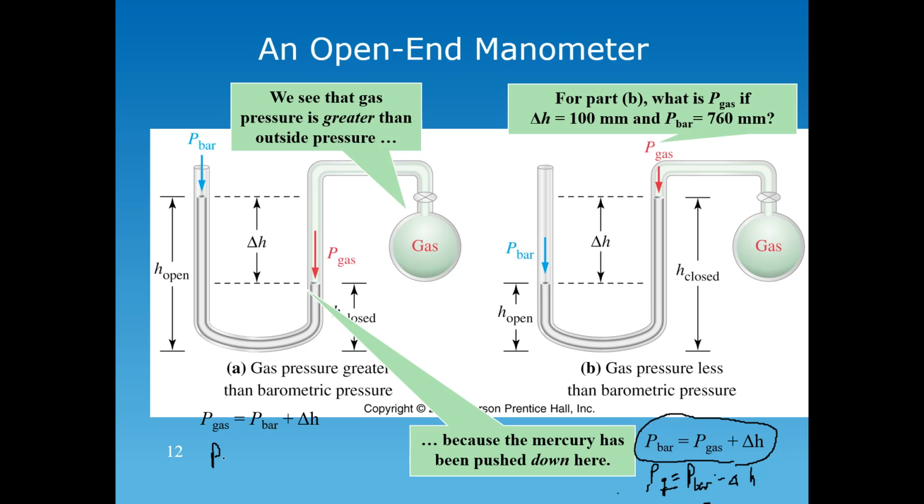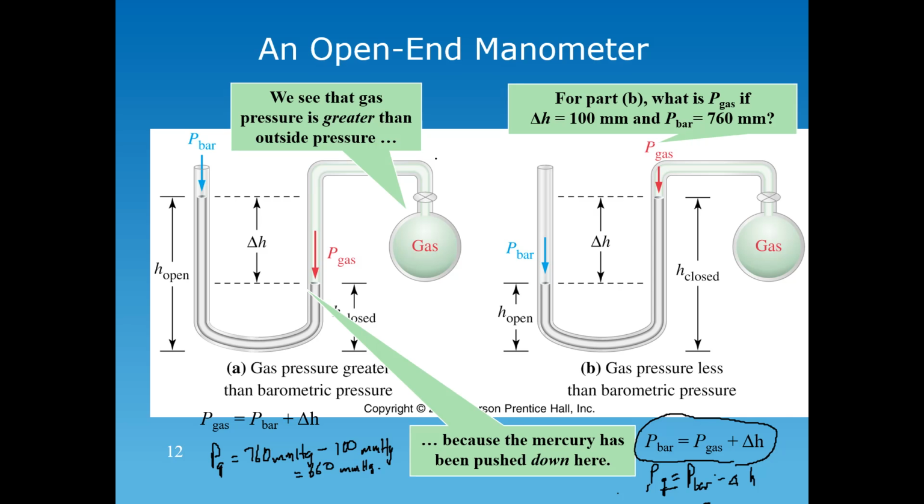So P gas will be equal to P bar, which is 760 millimeters mercury, minus 100 millimeters mercury, and that will be equal to 660 millimeters mercury. All right, and that's basically how that is done.